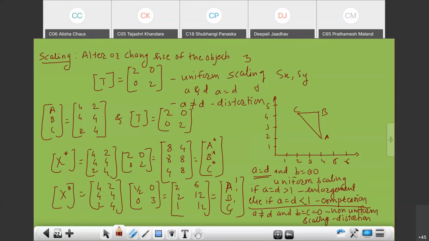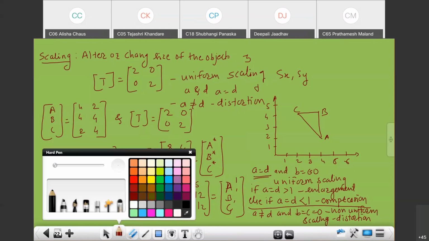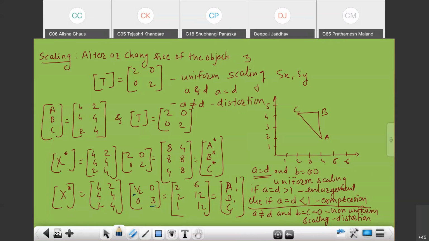In the second case, when A is not equal to D, as given, A is 1/2 and D is 3. So what happens in the result? All the x terms are divided by 2 and all the y terms are multiplied by 3. And that's why the distortion or non-uniform scaling occurs.